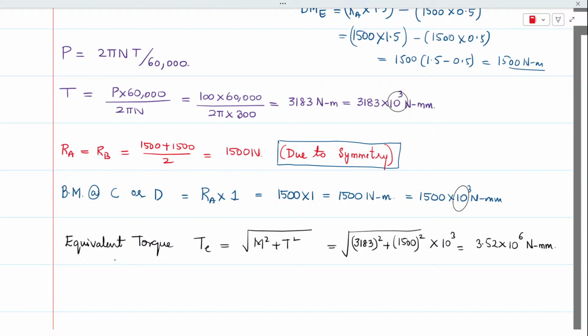And now we'll use the torsion equation to calculate the diameter.